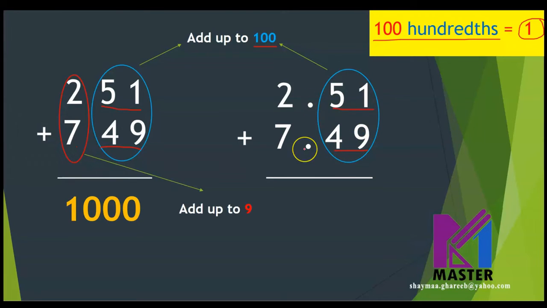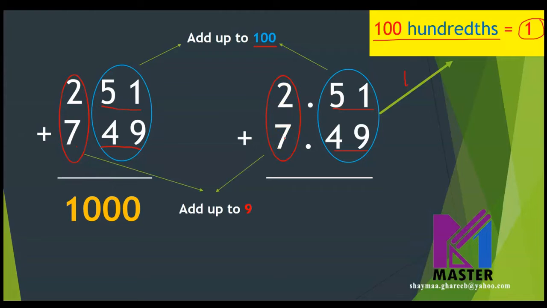So now look at the digits. Here we have 100 hundredths, which is number 1. What about the digits in the units place? I have number 2 and number 7. 2 and 7 equals 9.